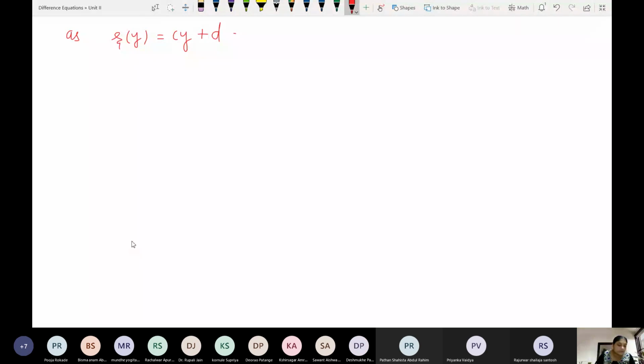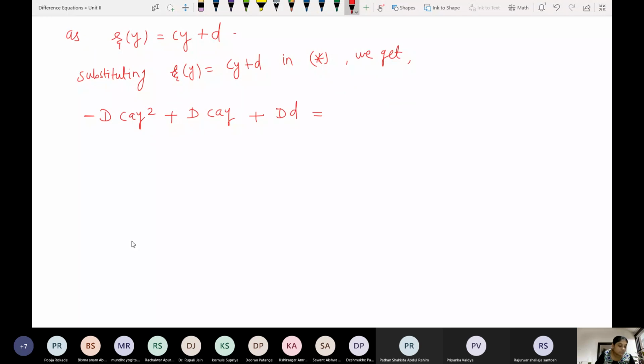Substituting in star, we get minus d times c a y square plus d c a y plus d d, which is equal to minus 2acy square plus ac minus 2ad y plus ad. You can do this calculation. I am just substituting over here.